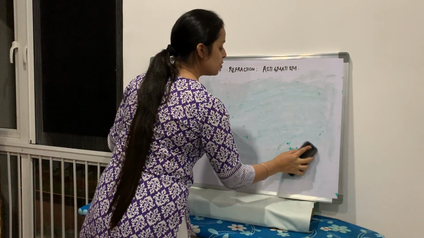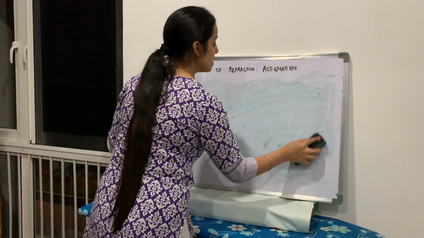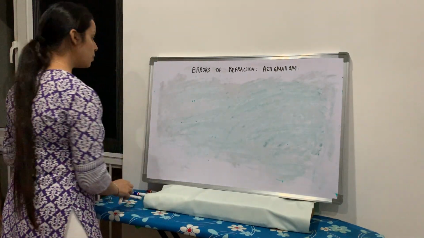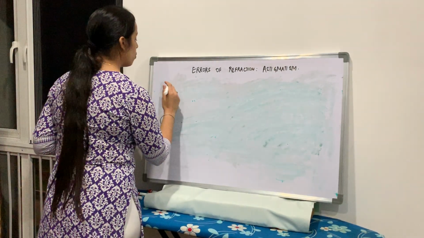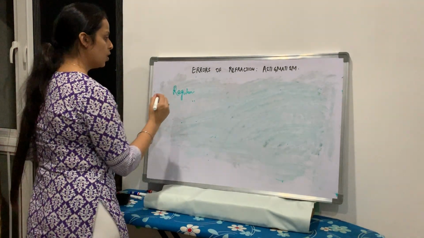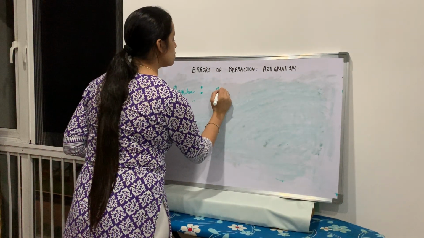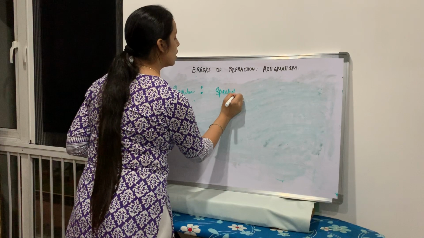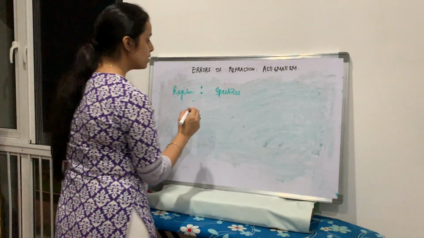What are the various ways to correct this kind of astigmatism? For better understanding, we can classify it. In regular astigmatism, you can give spectacles or contact lenses to the patient.